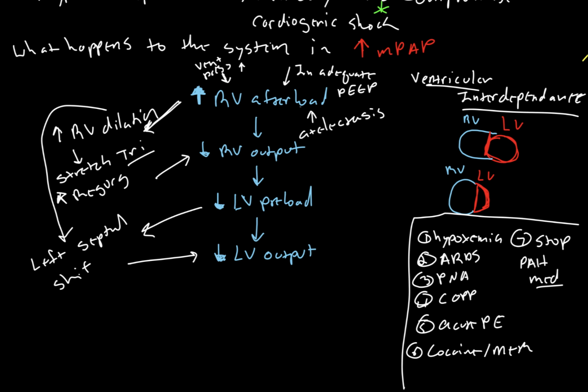If we're increasing our RV afterload, let's do this in a different color, we're also increasing our RV O2 demand. And with an increase in RV O2 demand, and also an increase in RV afterload, we're decreasing our coronary flow.